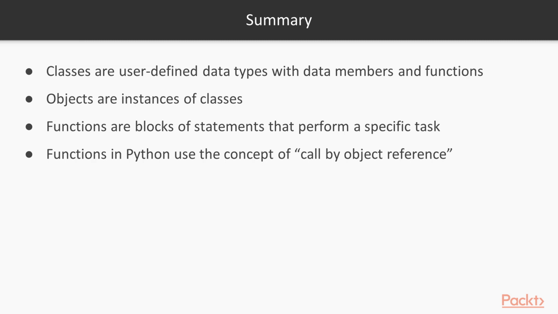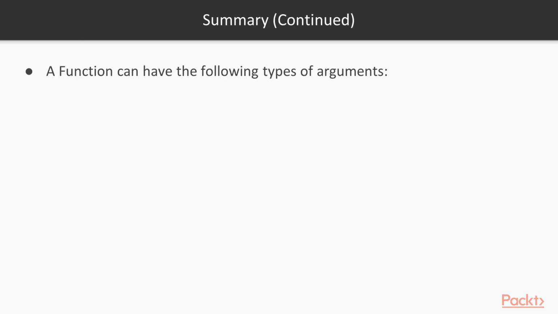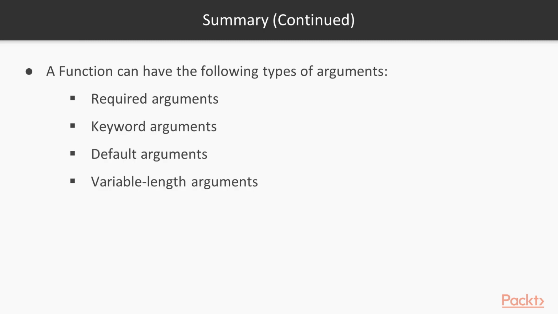This means if the passed argument is immutable in nature, Python will treat it as call by value. If the argument is mutable in nature, it will be call by reference. A function can have the following types of arguments: required arguments, keyword arguments, default arguments, and variable length arguments. You can also have more than one type of argument in the same function.